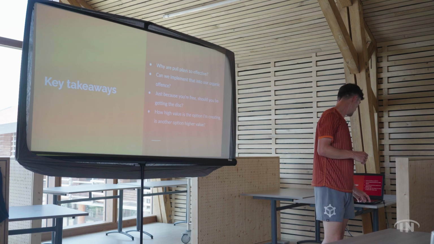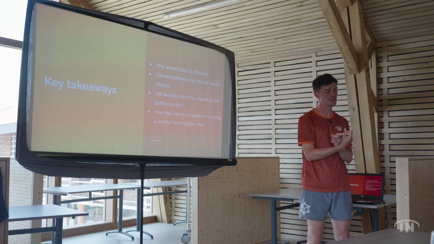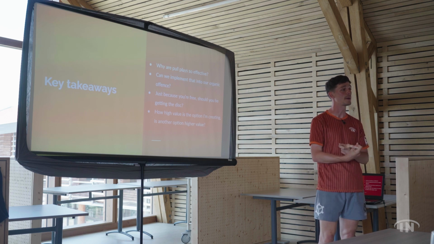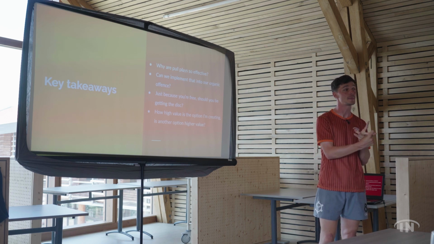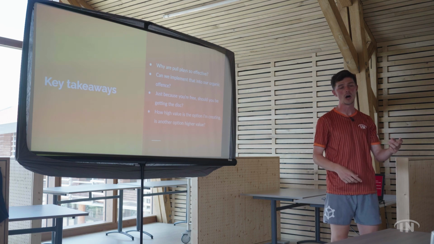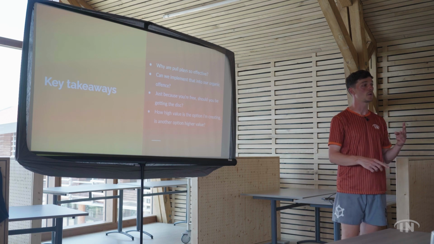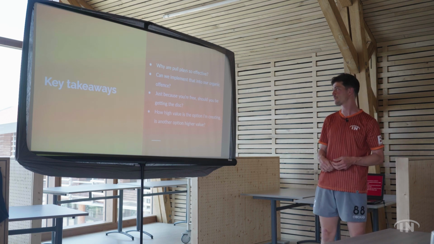Cool. So key takeaways with active space creating. We need to think about why pool plays are so effective, those principles that we talked about. Everyone is on the same page. We know exactly who is going to be active in that space, creating high-value options for our throwers, and making sure that our defense that we are playing against has to be completely honest.